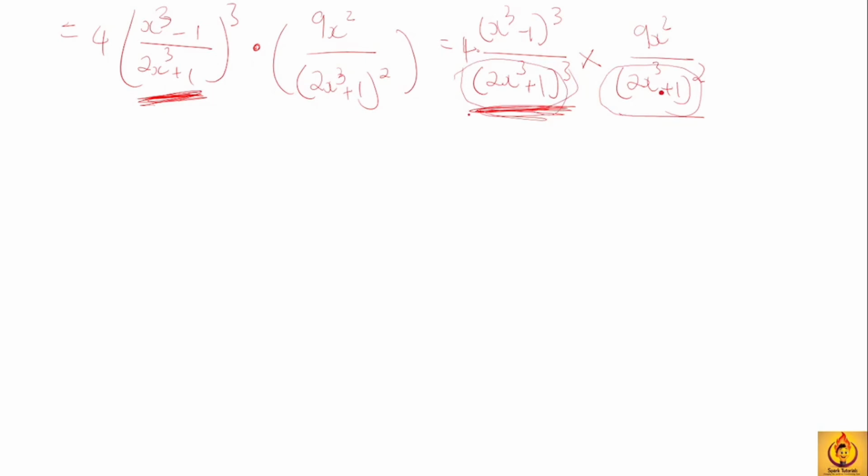This and this, these two, they are the same, aren't they? So given that our denominators are the same, we're going to apply the same rule that I talked about earlier. The product rule. Okay, no, it's a different one, sorry.